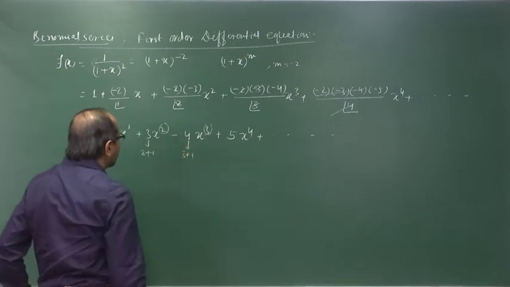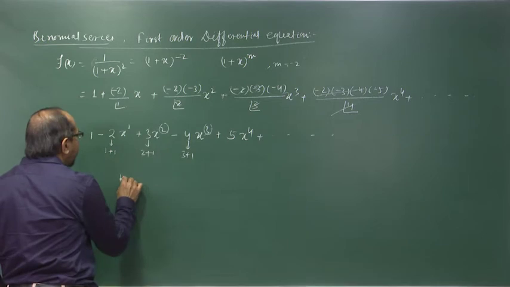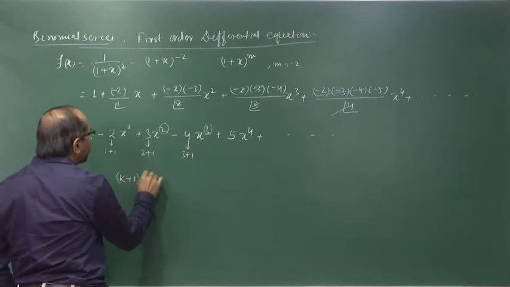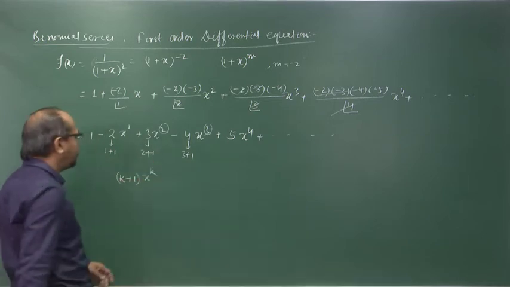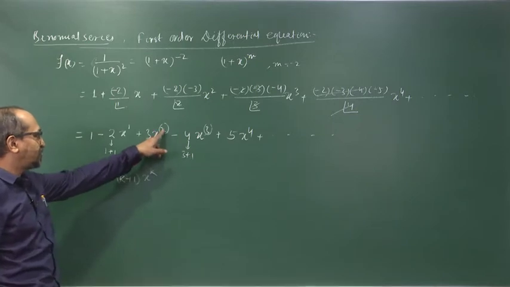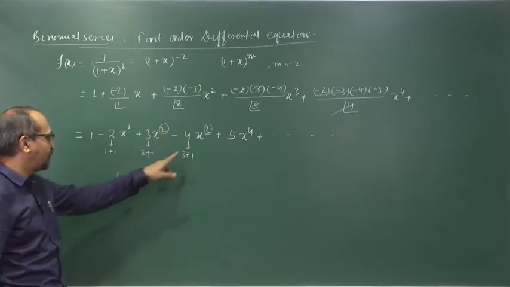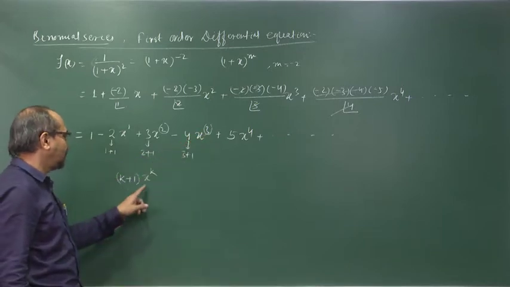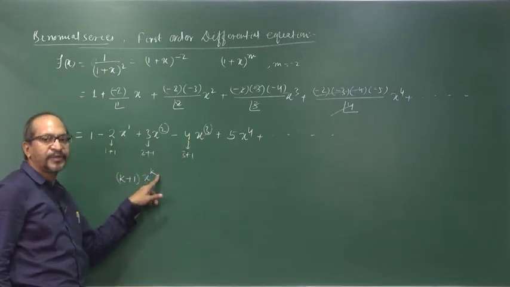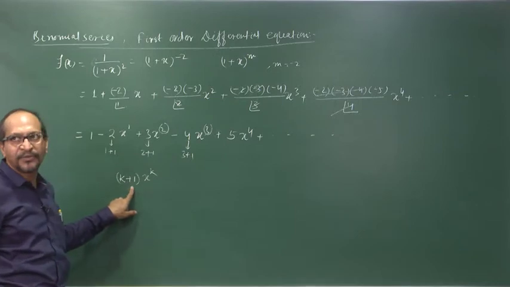So, in general it is (k plus 1) into x to the power k. When I write x to the power 2, the coefficient is 3, 2 plus 1. When x to the power 3, it is 4, 3 plus 1. So, in general, for x to the power k, it will be k plus 1.